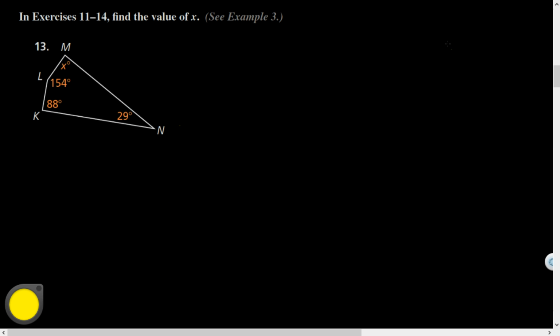All right, next example. Let's see. It says find the value of x. Now we had a corollary to the sum of the interior angles, where we said that any quadrilateral that is convex will have the sum of its angles be 360. So to do this for question 13, I would just simply plug in x plus 29 plus 88 plus 154.